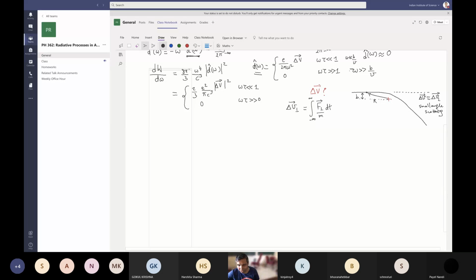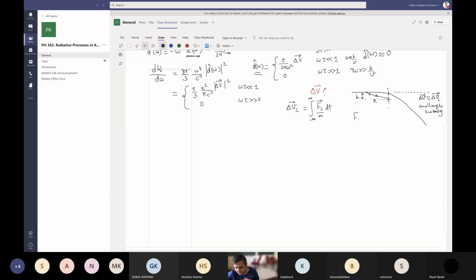Let me just explain what I write down. When the particle comes here, this is time equal to 0. At time equals minus infinity, the particle is at minus infinity, and at time equals plus infinity, the particle is at plus infinity. What is F perp? What is the force acting in the direction perpendicular to the direction of the velocity of the electron?